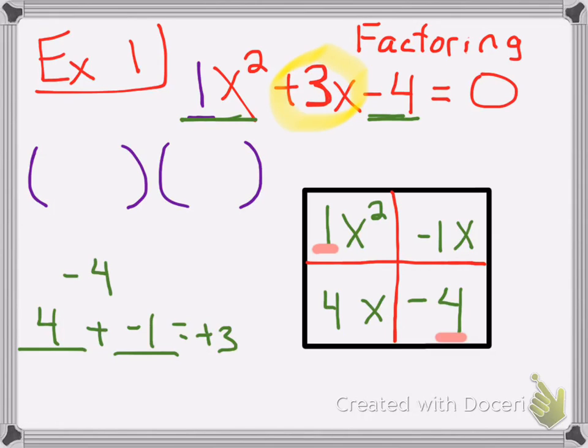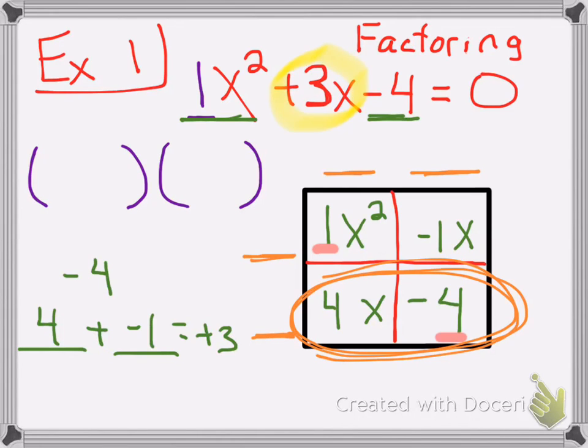Now what happens next, I'll put this in orange. Something goes here, something goes here, something goes here, and something goes here. Let's find the greatest common factor of our rows and our columns. If I start right here, I'm going to circle this section. If I find the greatest common factor of that, what do they both have in common?